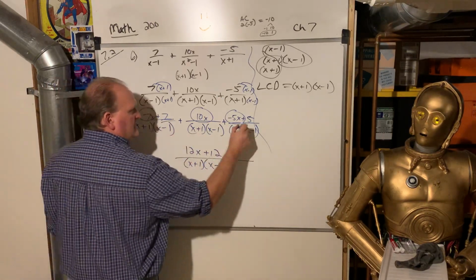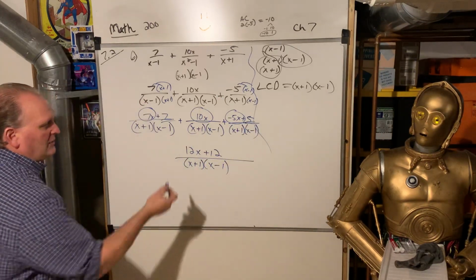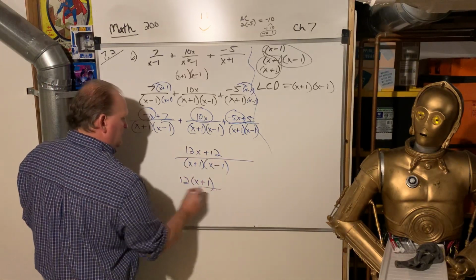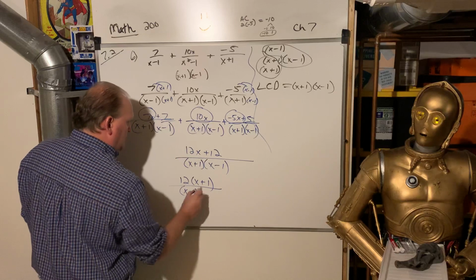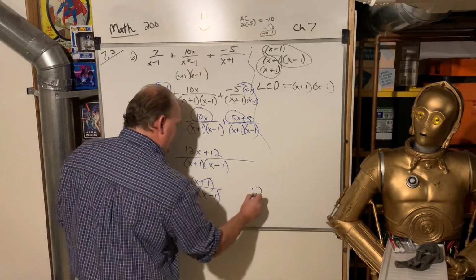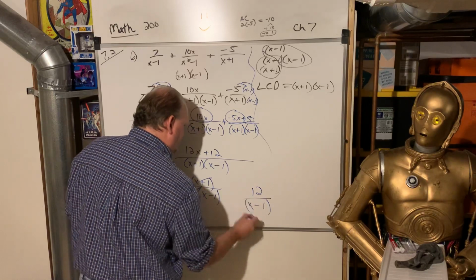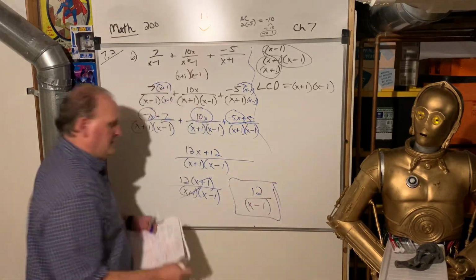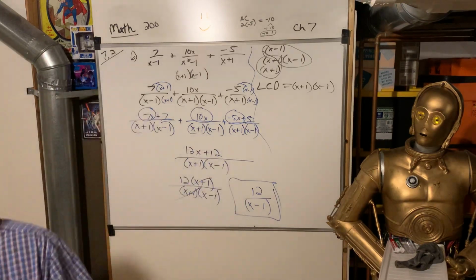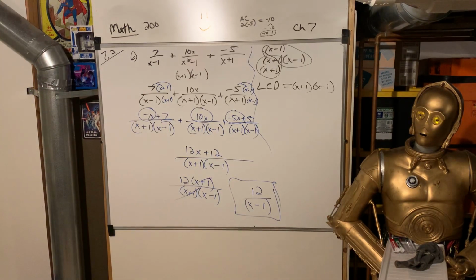We put the plus 7 and the plus 5, got 12. But now look, we can factor a 12 out. And then we can cancel on the x plus 1s. And there's our answer. Okie dokie. All right, that is it for 7.2.